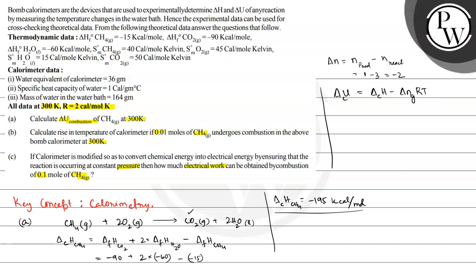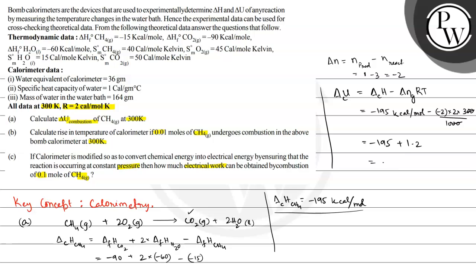So we will put the values here. Delta Hc is minus 195 kilocalorie per mole minus delta ng, which is -2, multiplied by R, which is 2, multiplied by temperature, 300 Kelvin, which is given. But here the value will come in calories and we have to convert it into kilocalories, so we will divide it by 1000. So here this will be cancelled and we will have minus 195 plus 1.2.